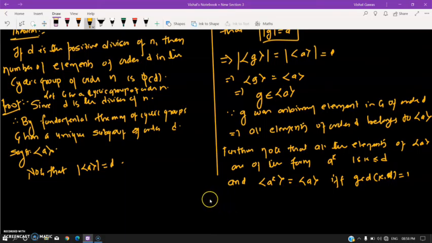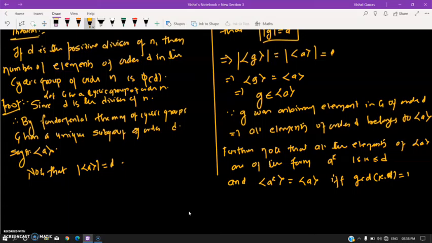So how many such elements can I find now? First of all, the elements must be in the subgroup of order d, and all the elements of order d must be there. And what should happen is the GCD with d. How many such elements can I find?